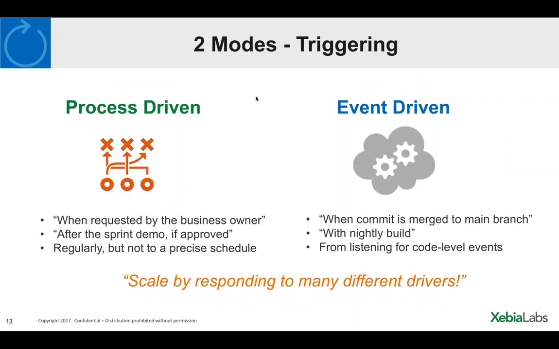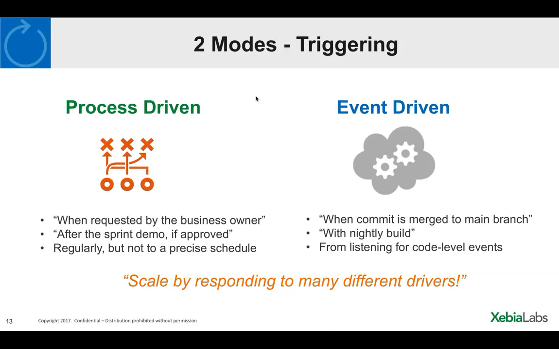The second mode is more about how you respond to the different things that are happening in your process that are going to initiate or start different parts of the process. In the organizations that we work with, there tend to be two big modes of triggering what's happening in the DevOps process. In the first case, we have a really process-driven mode, where we want this process to run whenever it's requested by the business owner, or after a sprint demo, if the team gets together and approves this.